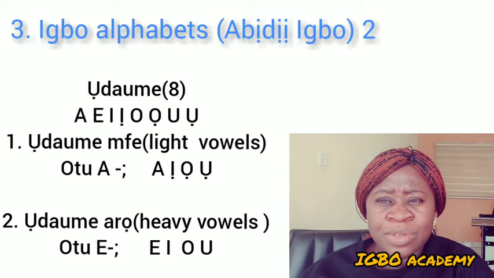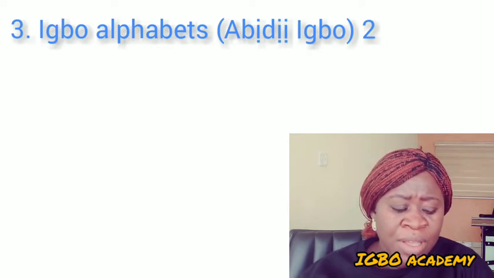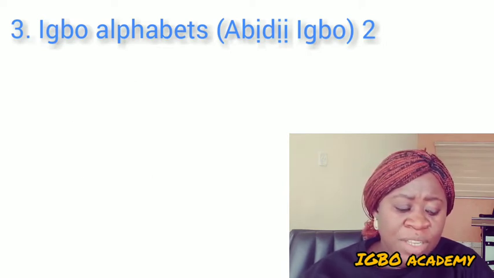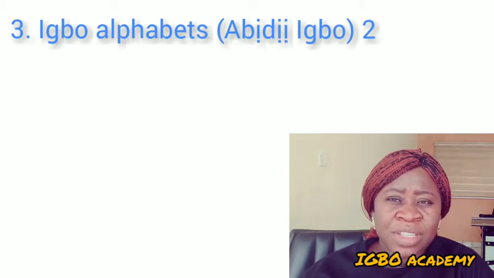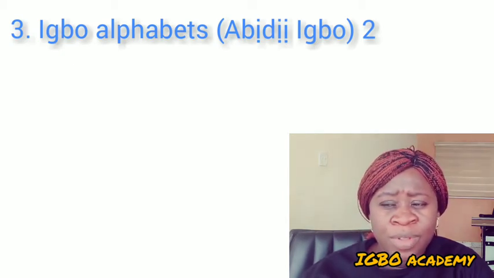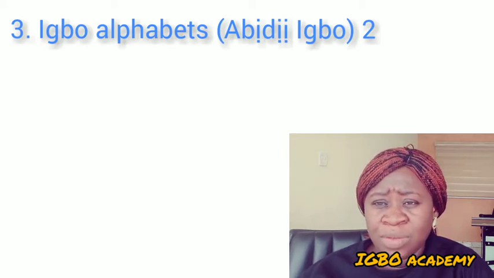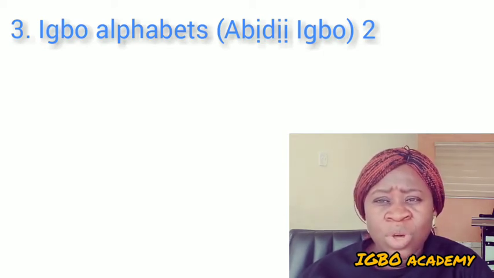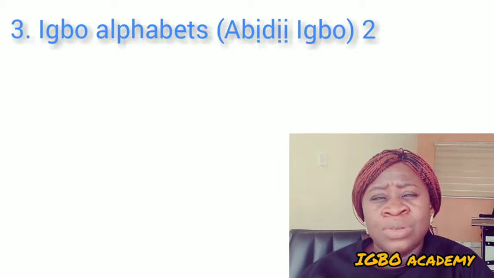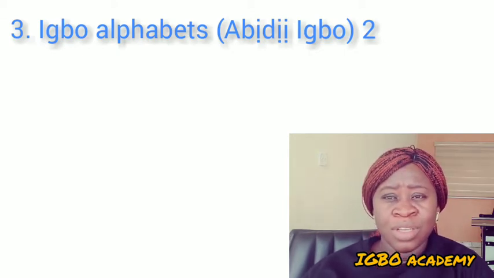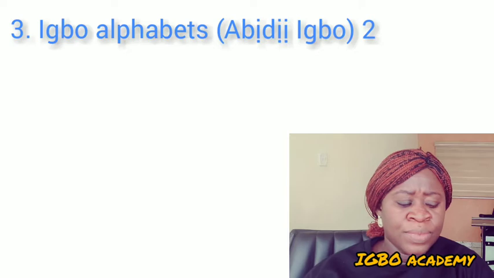And in Igbo language, there's something called ndakorita udami, which means that in every Igbo word, the vowels must come from a certain group. It governs most of the Igbo words, but not all of them. It is called ndakorita udami. So that is something we are going to discuss in another lesson.